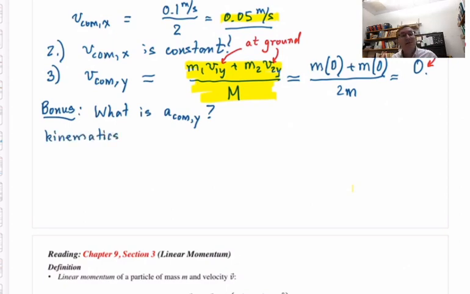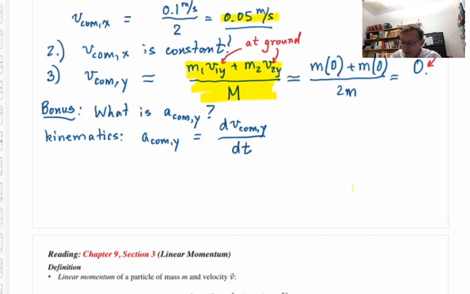From kinematics, acceleration is the derivative of velocity. So ACOM, y component, is what you would get if you take VCOM, y component, and you take the time derivative, d by dt, of VCOM, y component. Okay?